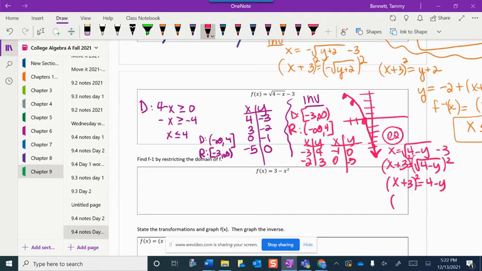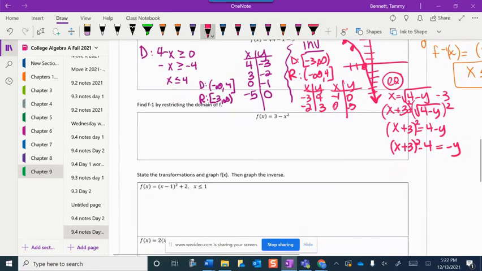Subtract 4. So x plus 3 quantity squared minus 4 equals negative y. Divide everything by negative 1. So we have negative of x plus 3 quantity squared plus 4 as my f inverse, with the domain x greater than or equal to negative 3.